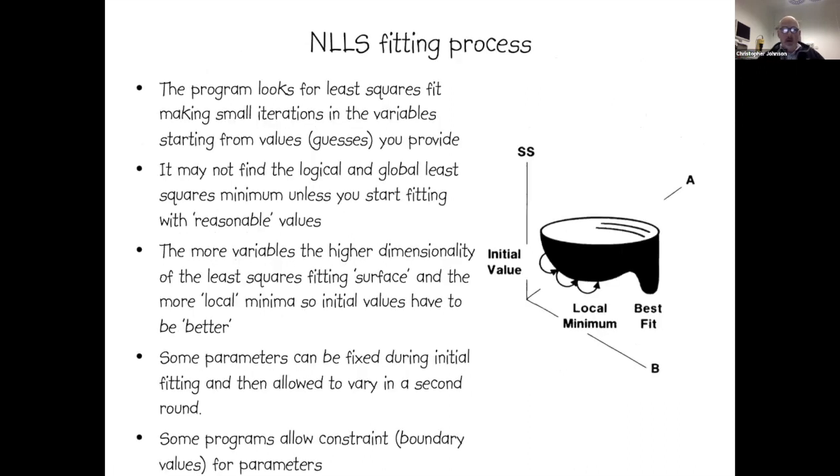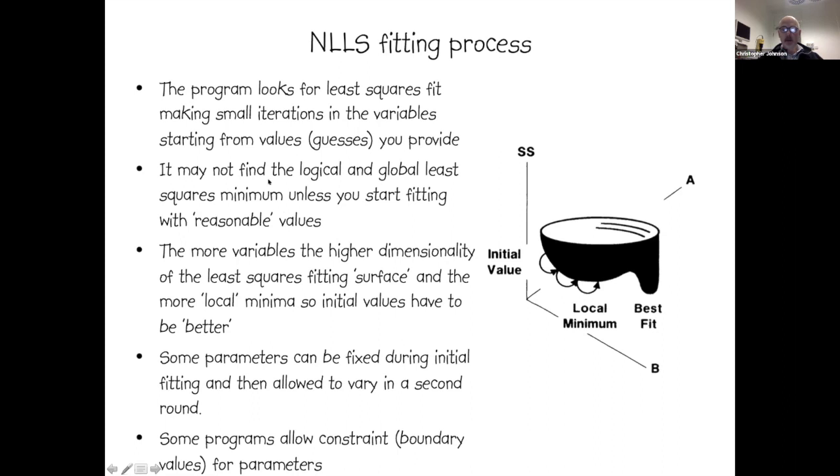So what does the program actually do when we do the data fitting to our function? All the program's doing is trying to do a least squares fit, and it makes small iterations in the variables which are present in your function, and it starts from values that you input at the beginning of the fitting, the guesses, if you like.